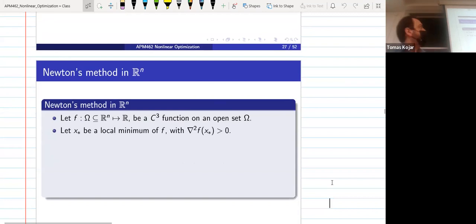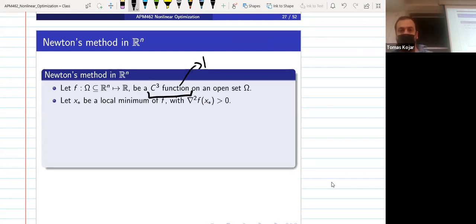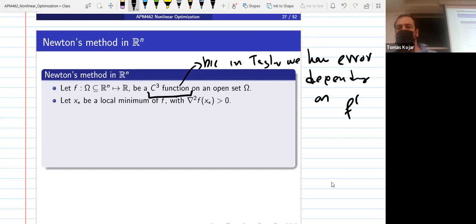How do you do Newton's method in higher dimensions? Again, you need the third derivative. That's because in the Taylor approximation, your error depends on the third derivative. So that's why you keep seeing this C3. And it's because in Taylor, we have error depending on the triple derivative.